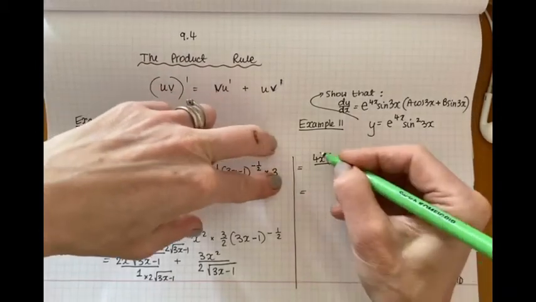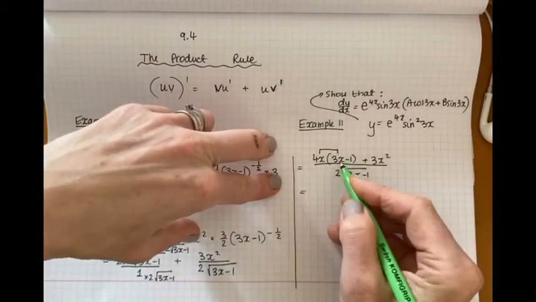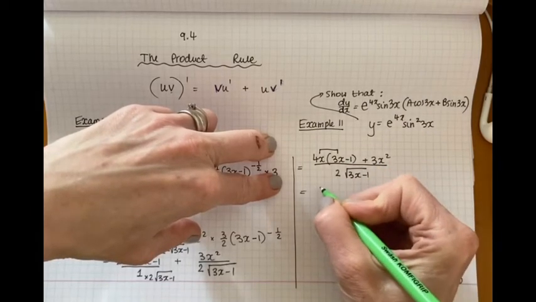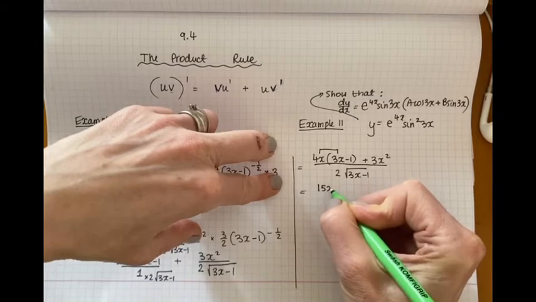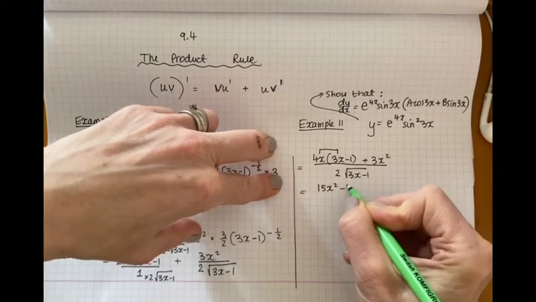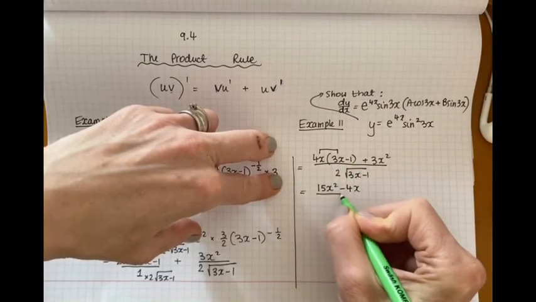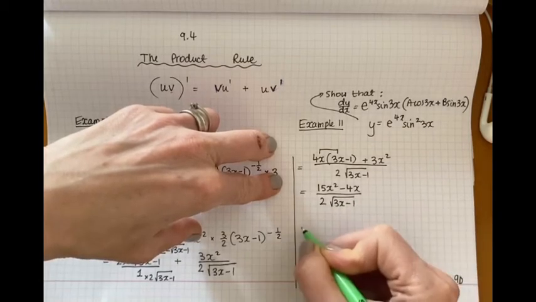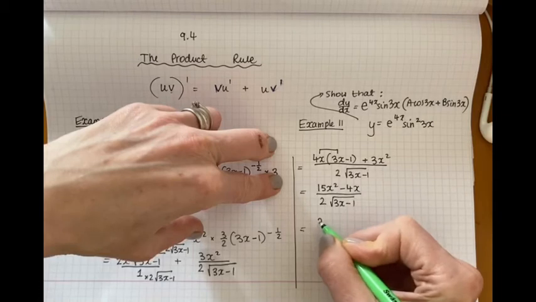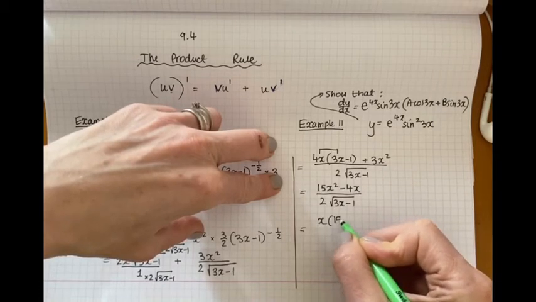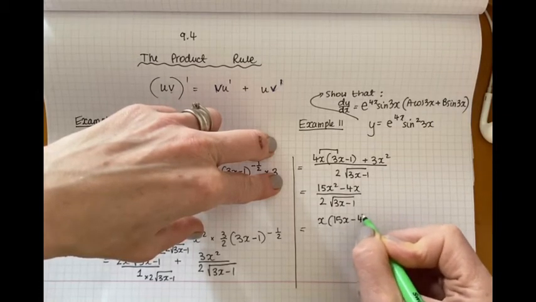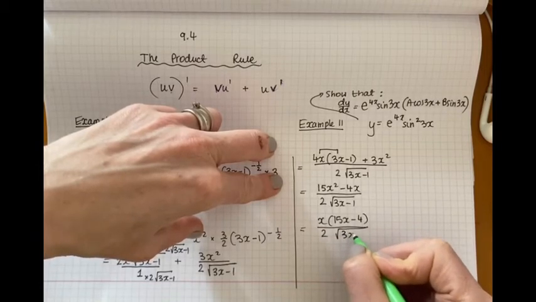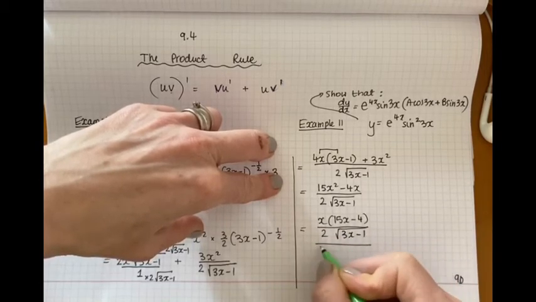Okay, so over here we times these together, you'll have 12x squared plus 3x squared. So that's going to be 15x squared, and then minus 4x over 2, and then 3x minus 1. And lastly, maybe factorize that x to get 15x minus 4 over 2 square root of 3x minus 1.